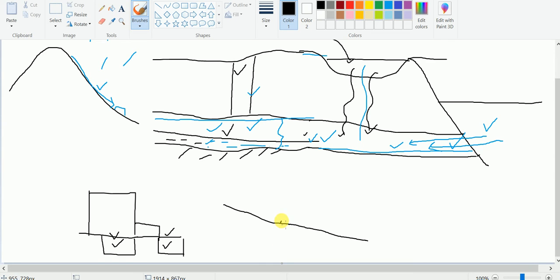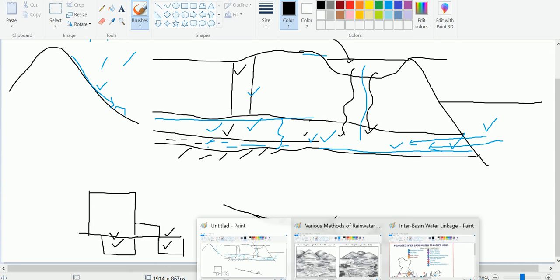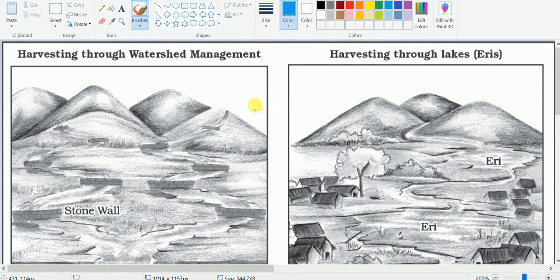We have to construct these small check dams, small barriers, and the river water will be collected here in the form of these small dams. And these are known as check dams.